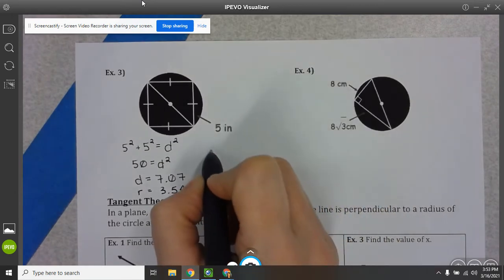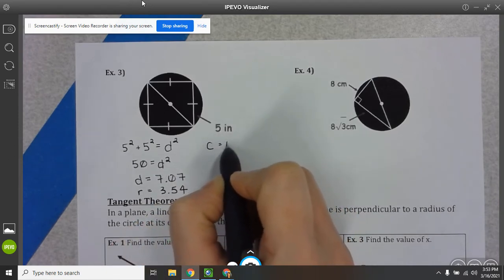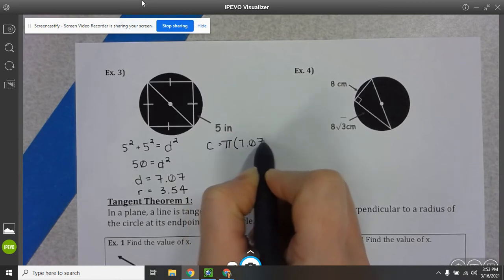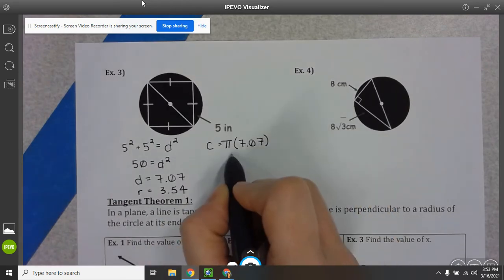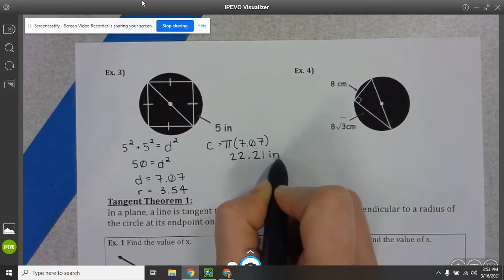So for circumference, I can actually use 7.07, and I'm just going to do pi times diameter, which gives me 22.21 inches.